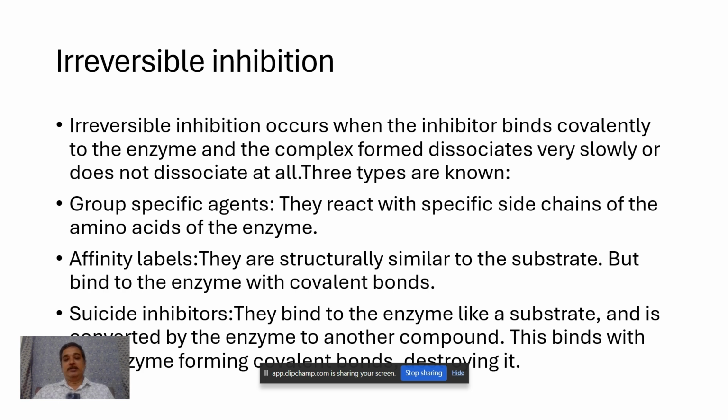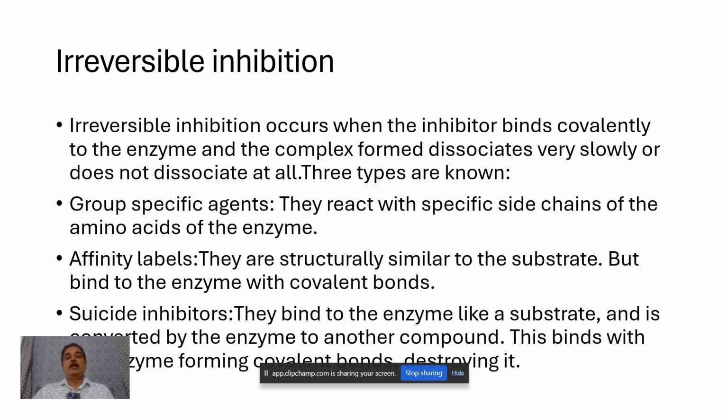Three types are known generally. First one is group specific agents. They react with specific side chains on the amino acids of the enzyme. So you know that the enzyme is composed of amino acids, and it will have several side chains. One of the side chains may be reacting with the inhibitor, forming a covalent bond, and these are called group specific agents.